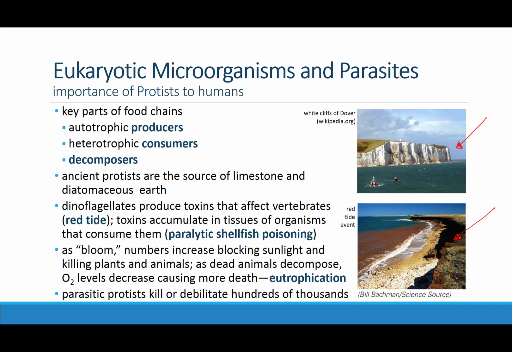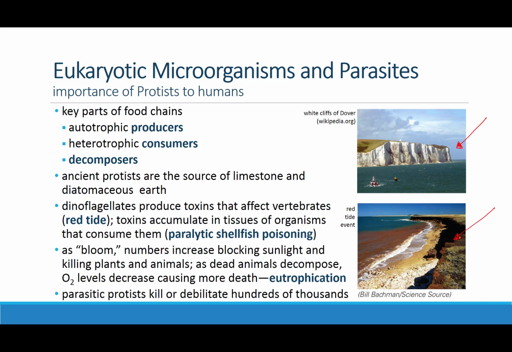These blooms or red tide events, or intense growth of protists like this, can even block the sun and kill any plants or animals that are underneath that bloom that are relying on sunlight, or the grasses maybe that are growing underwater as food.